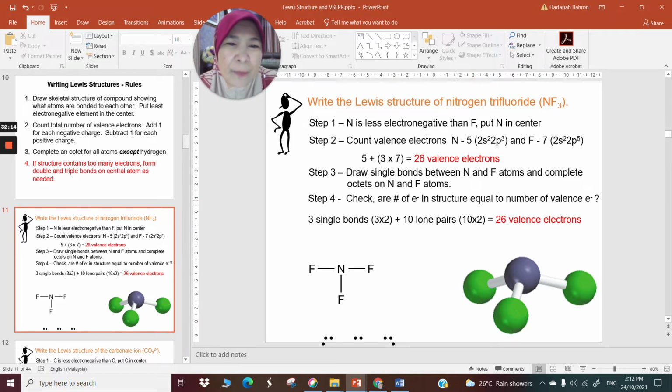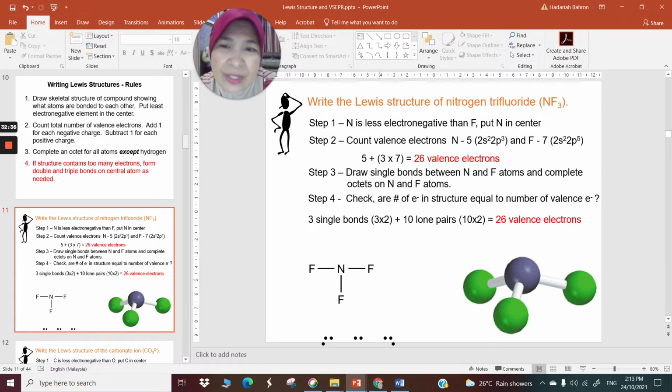And then you complete the octet on nitrogen and fluorine. We all know that each one of this bond represents 2 electrons. So you're going to be needing for fluorine 6 more. This fluorine also going to require 6 more electrons because 2 is already in the bond.